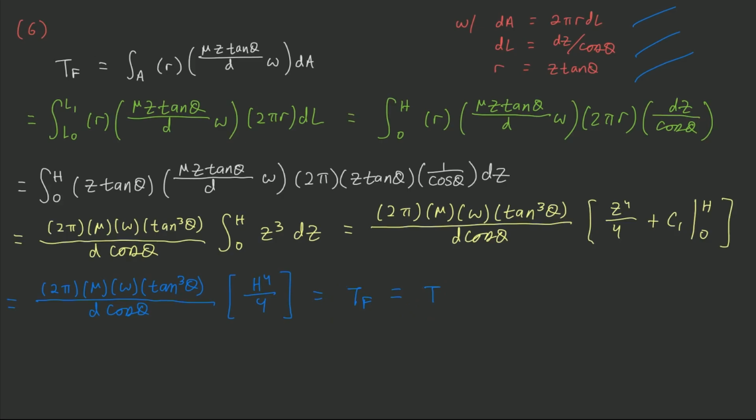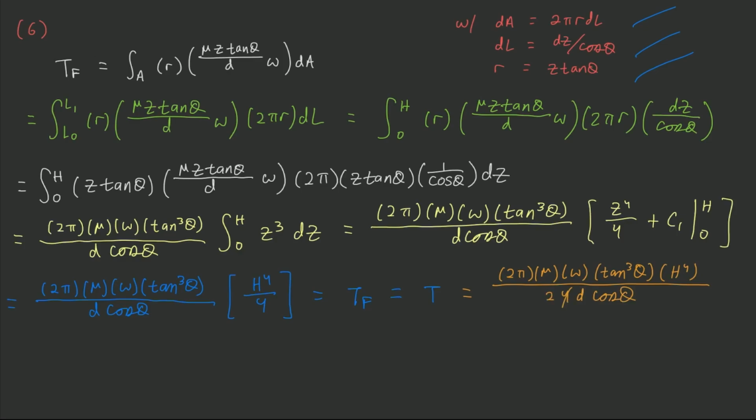So what we can then say is this is equal to 2 pi mu omega tangent cubed of theta h to the fourth over 4d cosine theta. We have a simplification here.